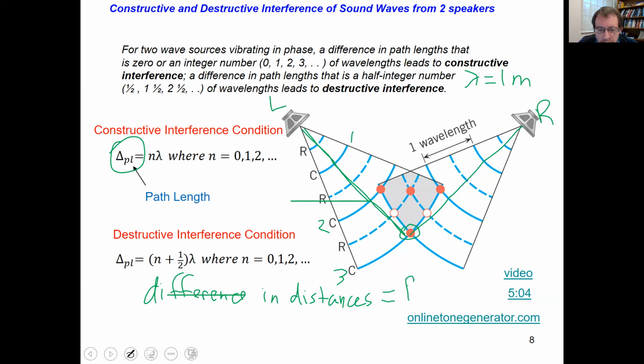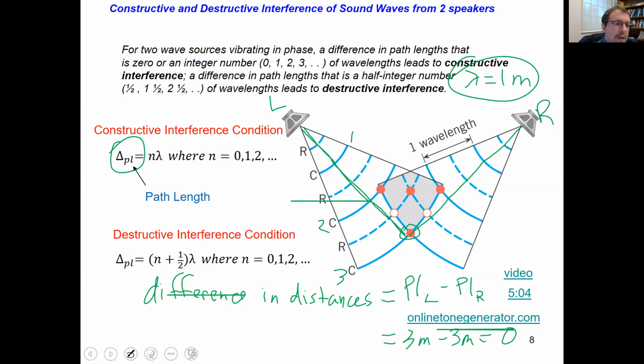My path length from my left-hand source minus my path length from my right-hand source. So in this case, given that I've got a lambda of 1 meter, and I've got my waves nicely drawn out, this would be 3 meters minus 3 meters would give me 0. Okay, 0.